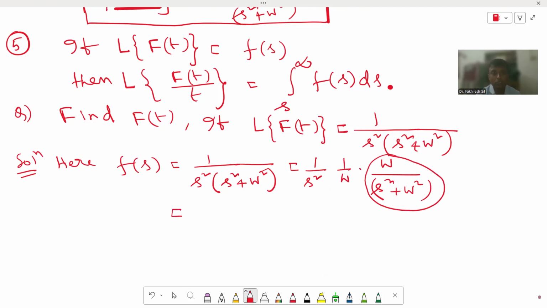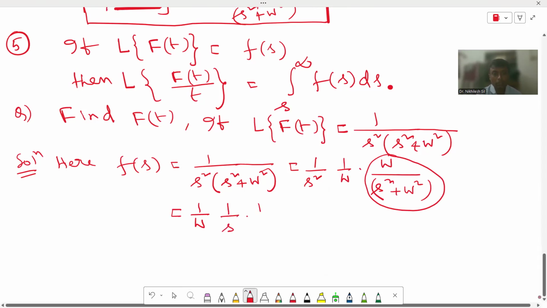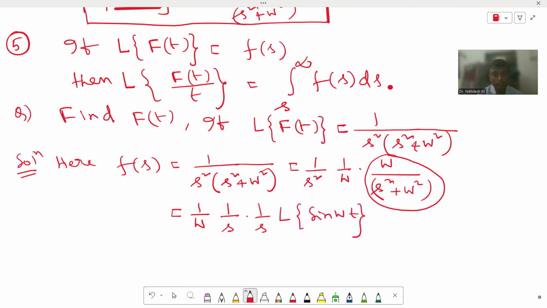So this is equal to, we are taking 1 by omega outside. Now we have 1 by s square, that is, 1 by s into 1 by s, and it is the Laplace of sin omega t.